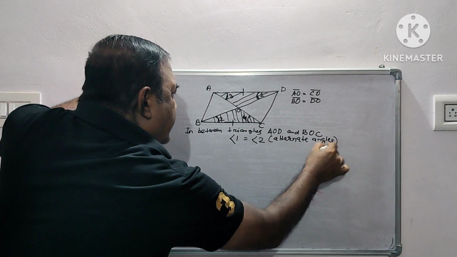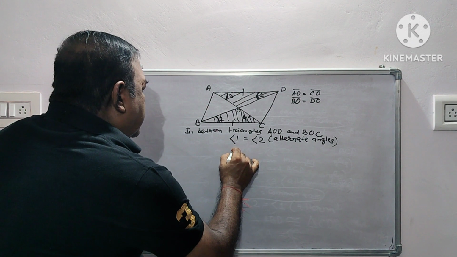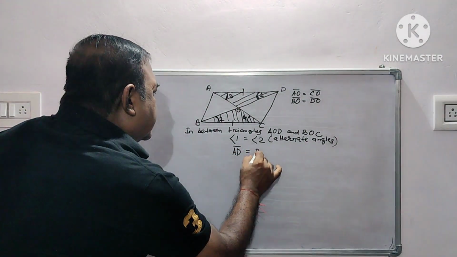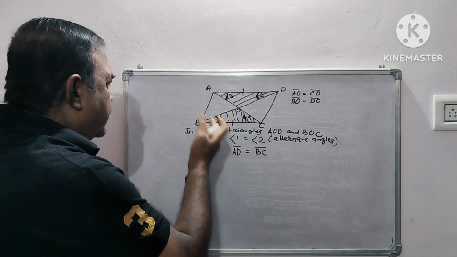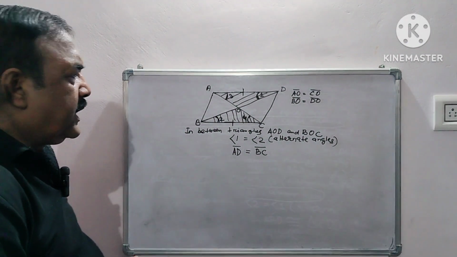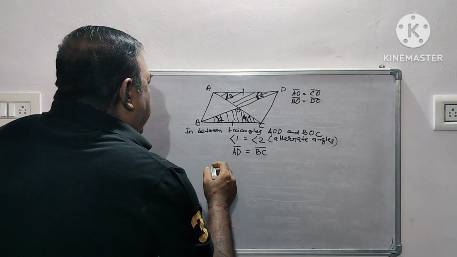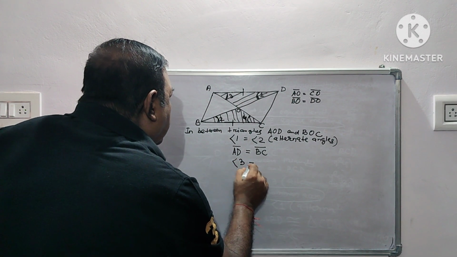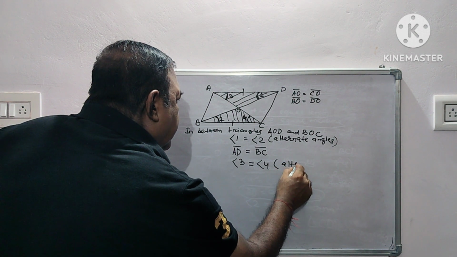So the length of AD is equal to the length of BC, because in case of the parallelogram, already you know that the opposite sides are of equal length. It is one of the properties. And come to angle 3 is equal to angle 4. The same, alternate angles.